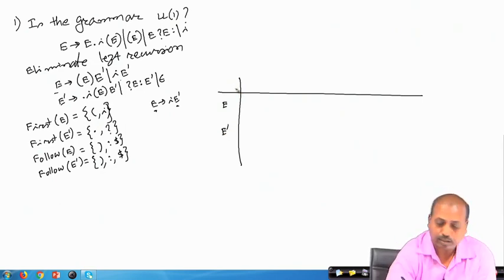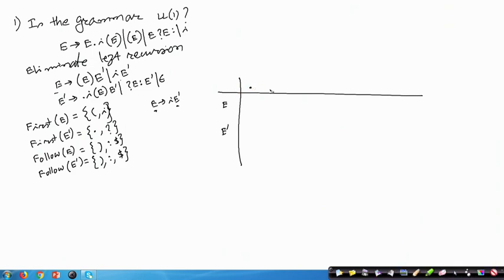So, then we have the symbols dot I, open parenthesis, close parenthesis, question mark, colon and dollar. Okay.